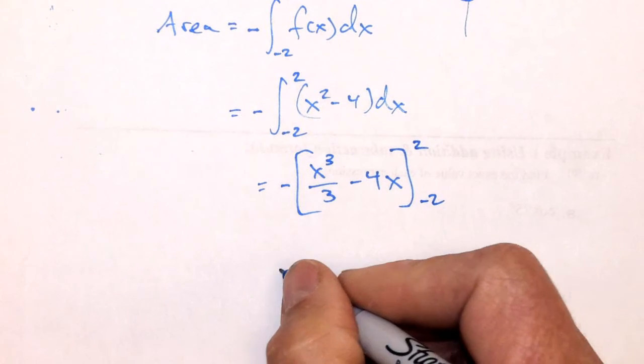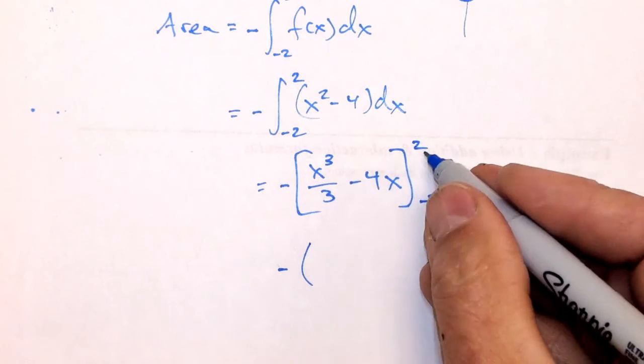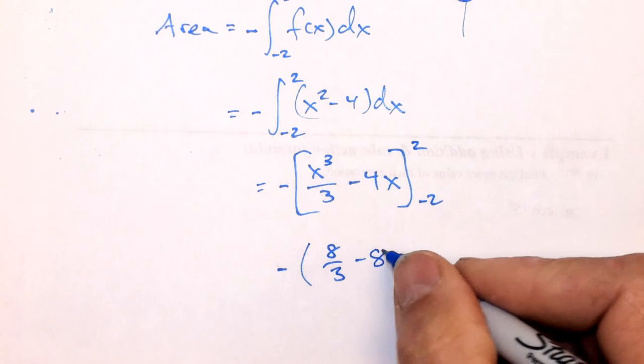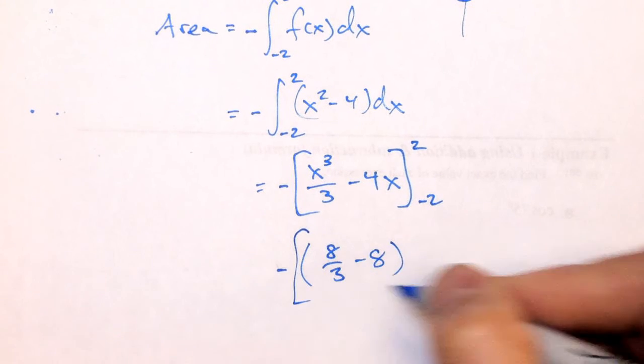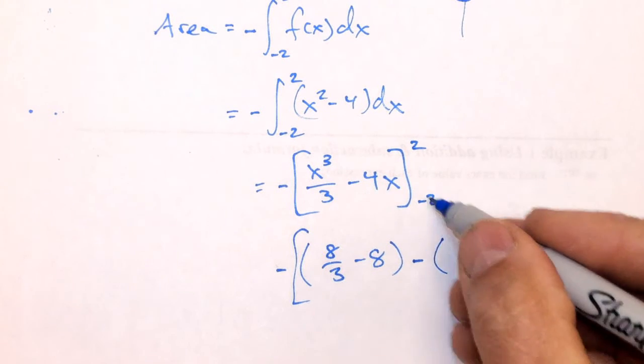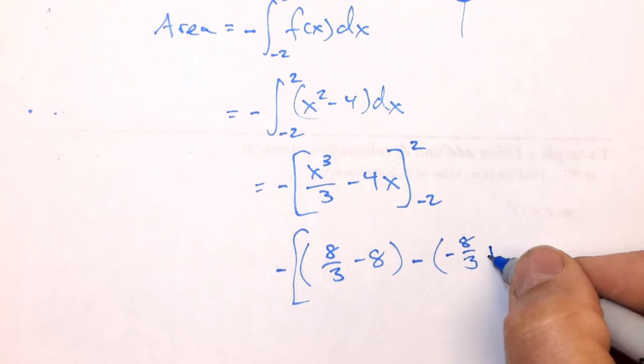Plug that in, I get negative, let's do this, 8/3 minus 8, minus, plug in negative 2, that would be negative 8/3 plus 8.